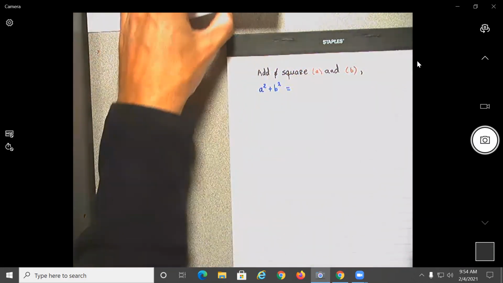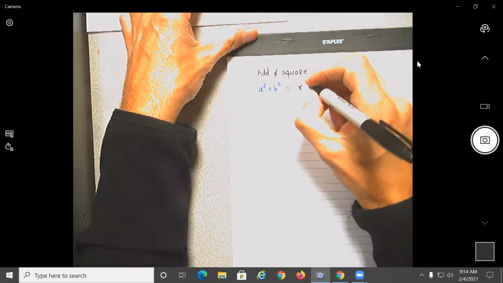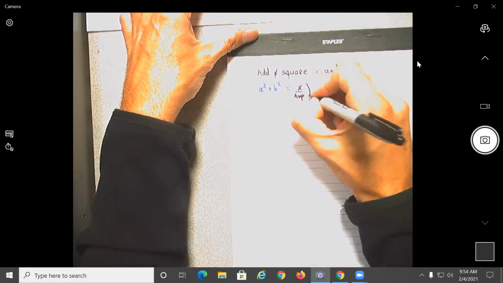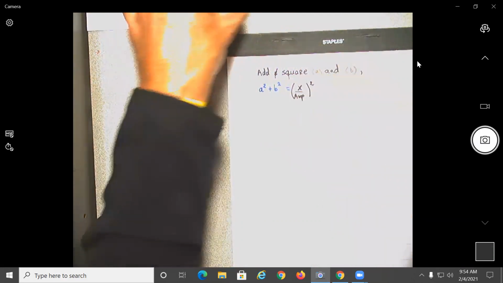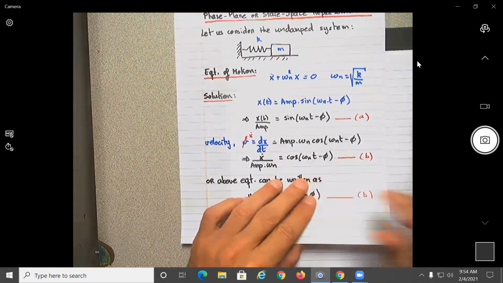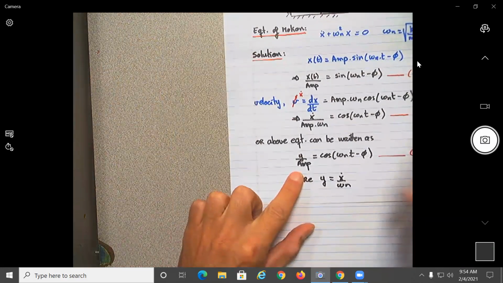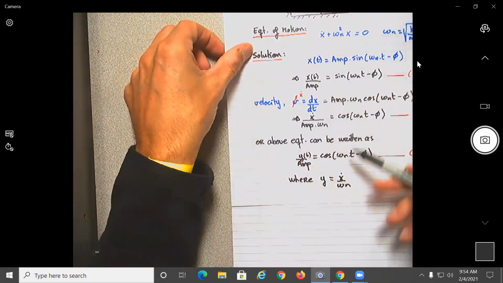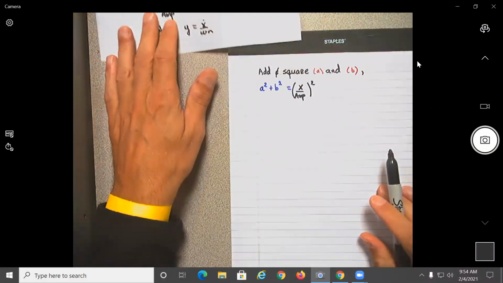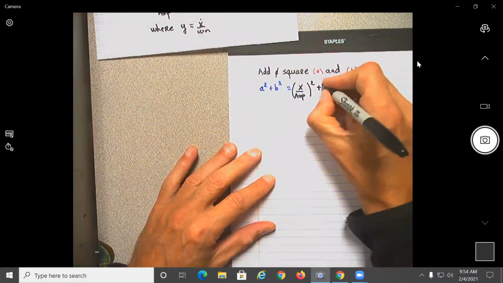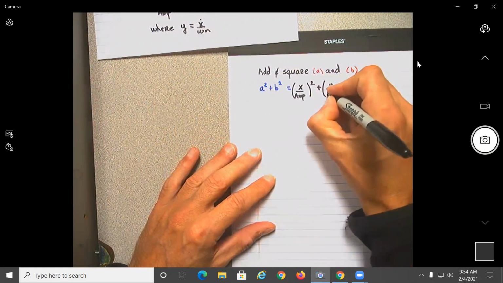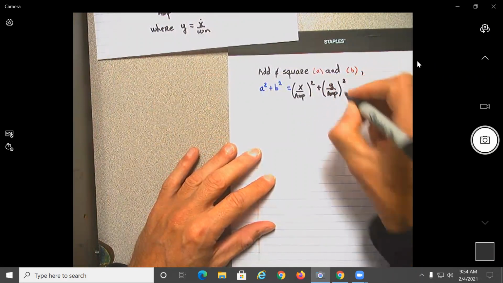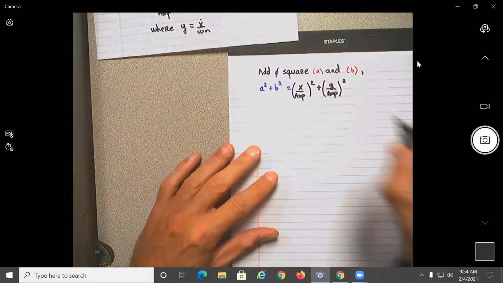A would just be x divided by amplitude, squared, according to equation A. And if you want, you can add here the y of t to make it look exactly the same form, and the other will be plus y over amplitude squared.